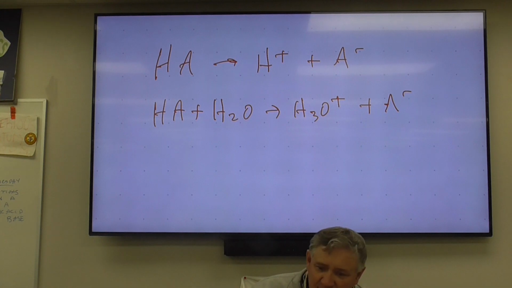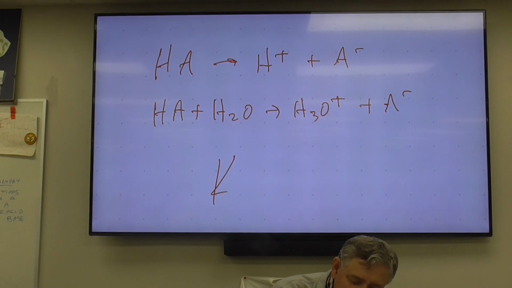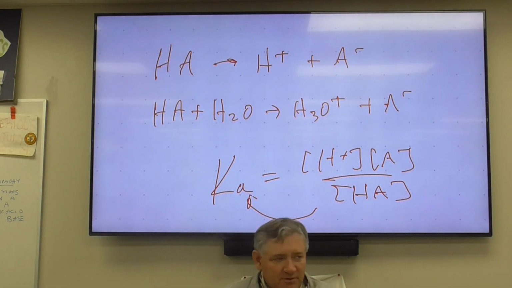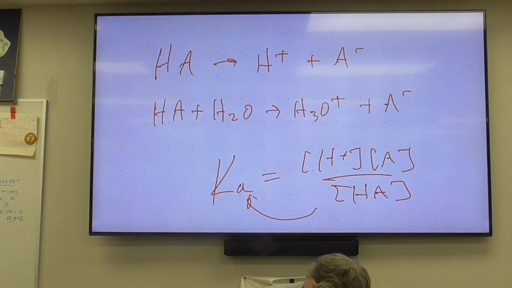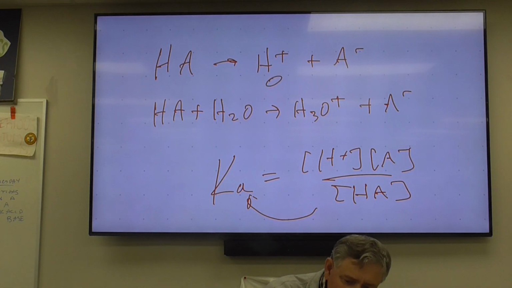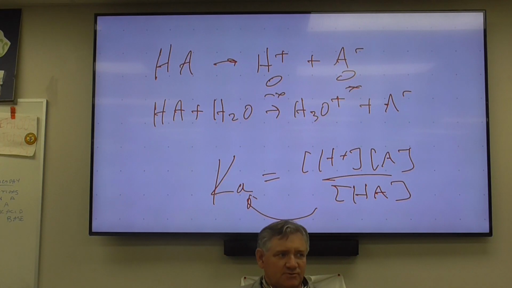Now, here's the bigger picture. And you keep this in mind today when we talk about Ksp, is that in this situation, your hydronium ions times your anions divided by the concentration of the acid is going to reach a specific value, okay? And that's what Mother Nature wants. So on number 1, both of these are starting off at 0. Oh, minus x, plus x, you all know the drill.